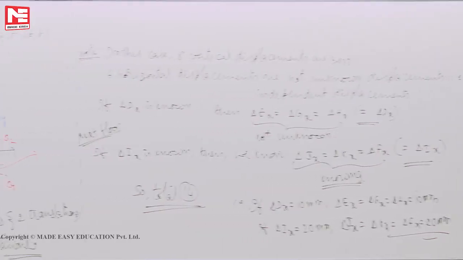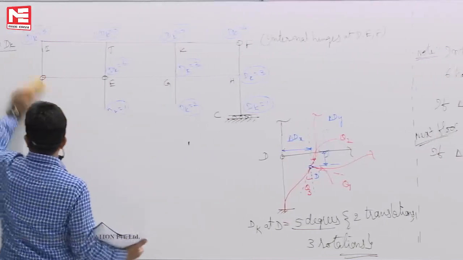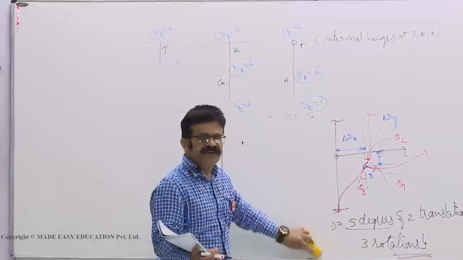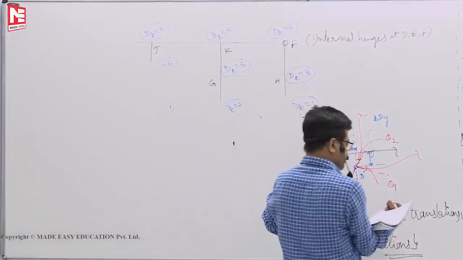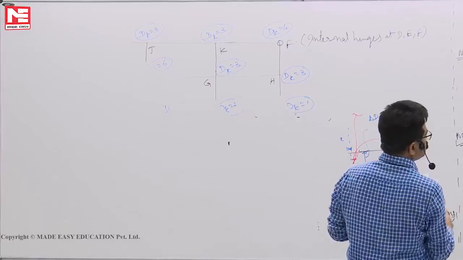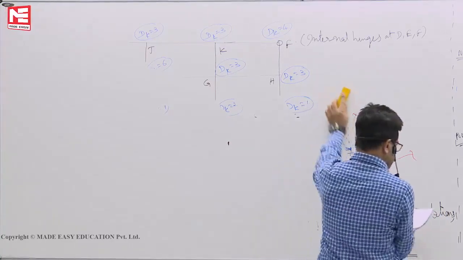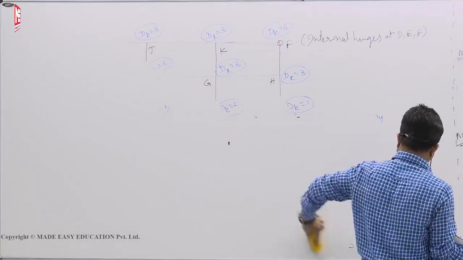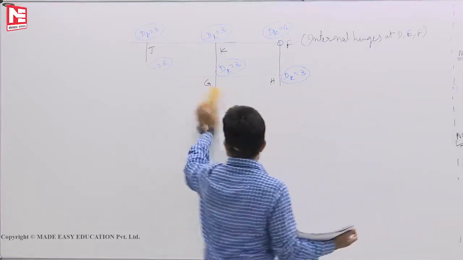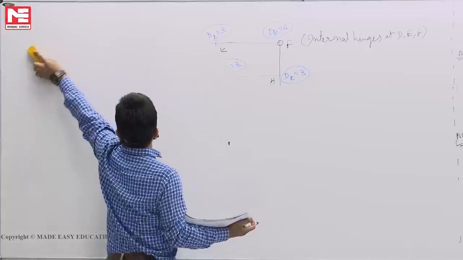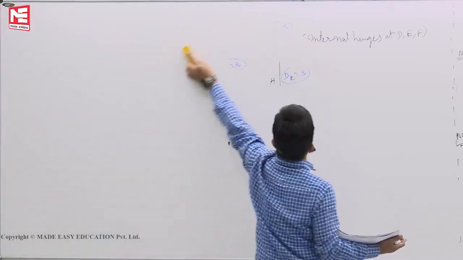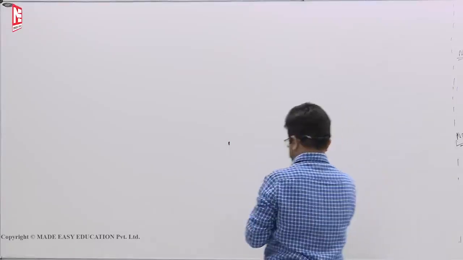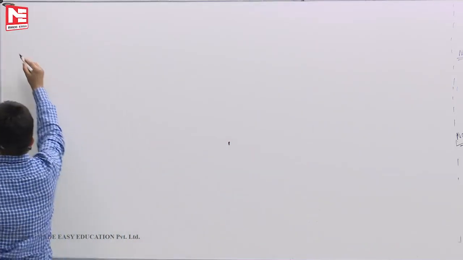If you want to use the number of axially rigid members also, if bracing is done, then only one member you have to count. Next, dk.